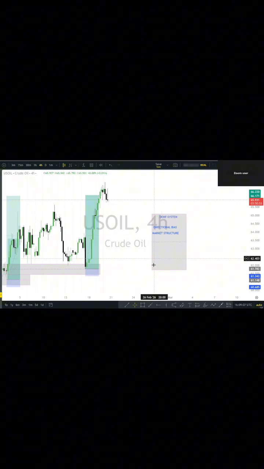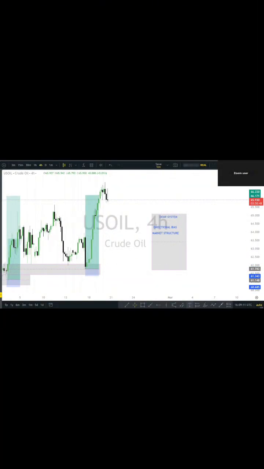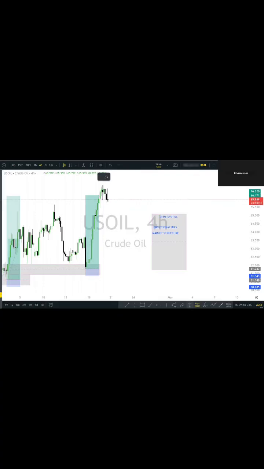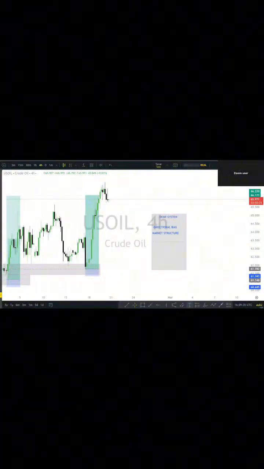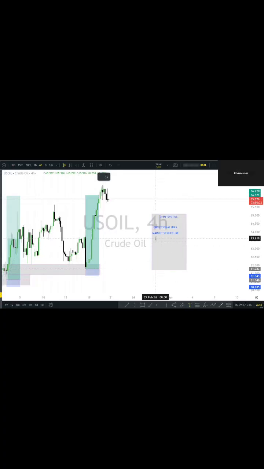Another one is liquidity. The third one is liquidity.